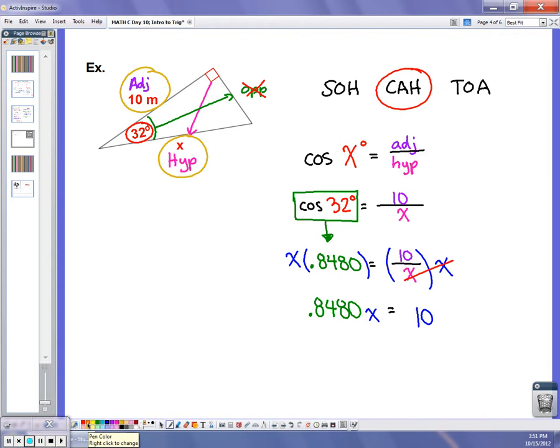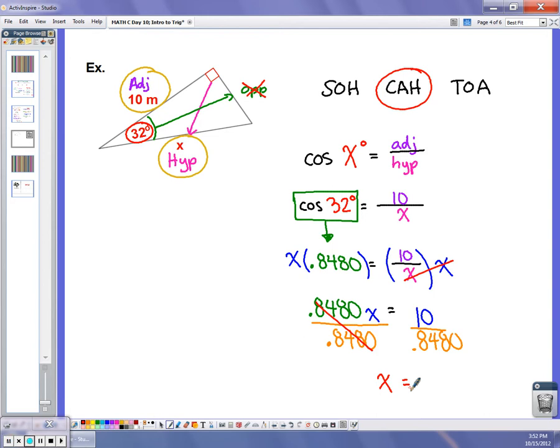In order to do that, I'm going to divide by 0.8480 because 0.8480x just means to multiply 0.8480 with x. And in order to get rid of it, we'll do the opposite, which is divide. These two 0.8480s will eventually cancel each other out, and we're left with x.